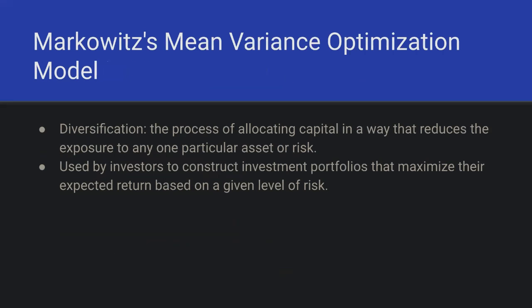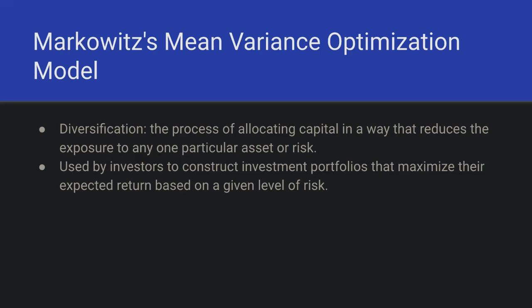So an important model that many others derive from is the Markowitz mean variance optimization model. This is kind of a framework for assembling a portfolio. And its expected return is maximized for a given level of risk.